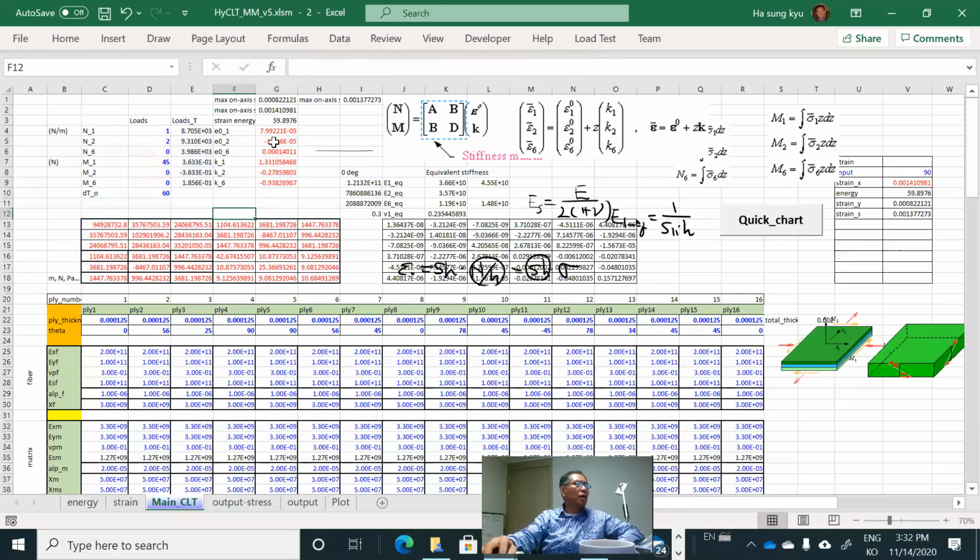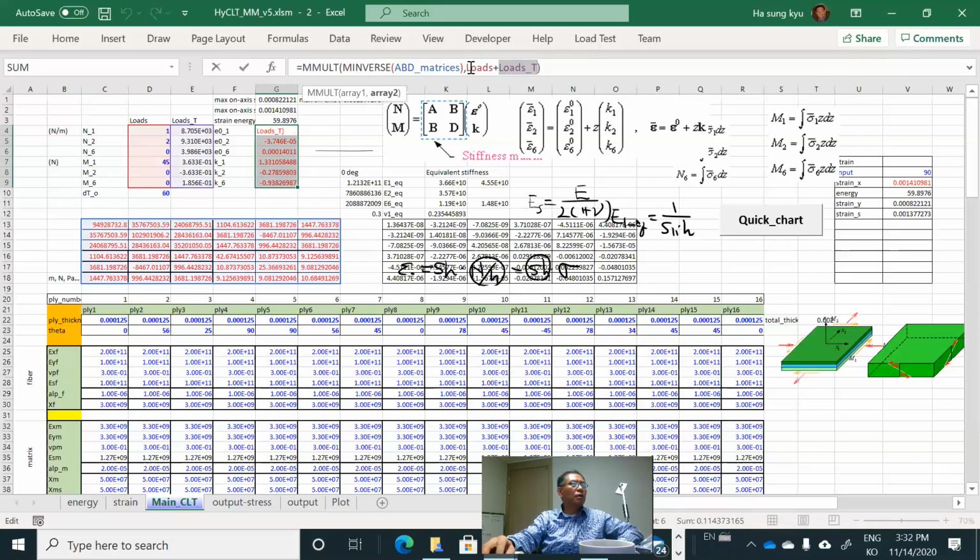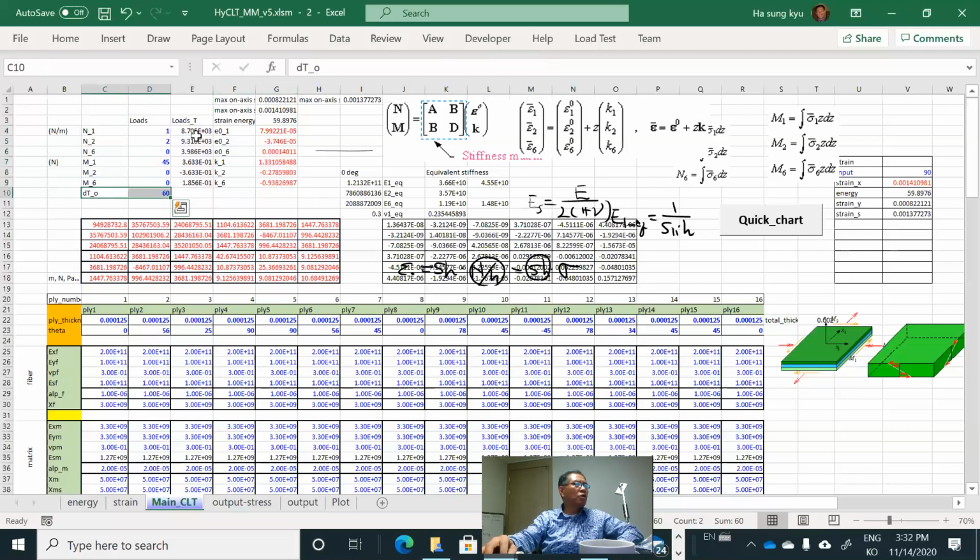Okay, so this one recalculates, considering the thermal load. This is from the thermal load, and this is from a mechanical load. And this is actually the temperature. This temperature is actually causing this load T, right? Okay, so we'd like to see what we can do with this one.